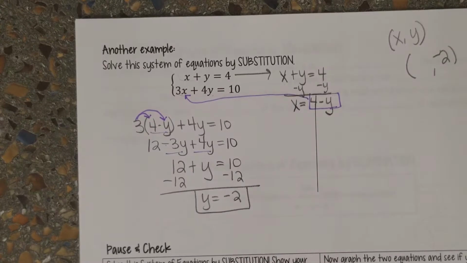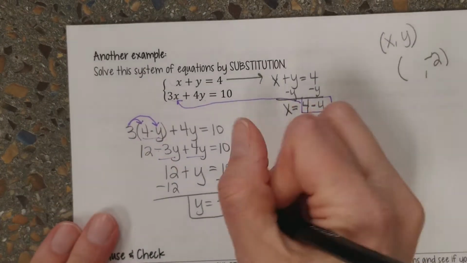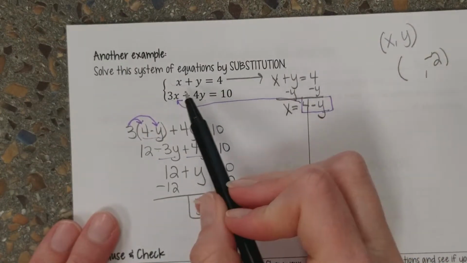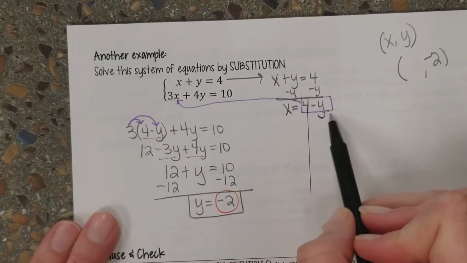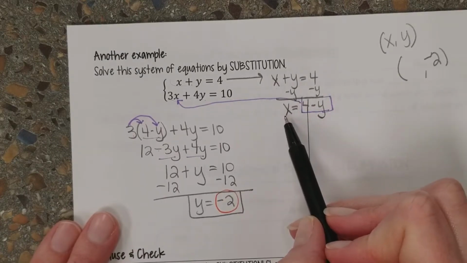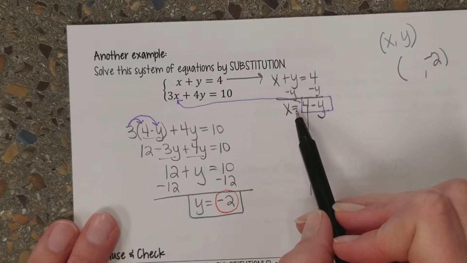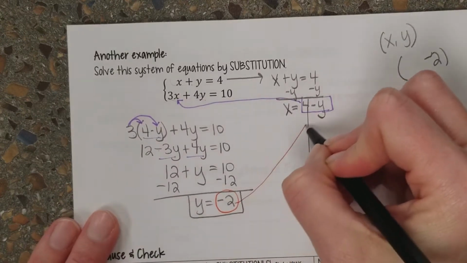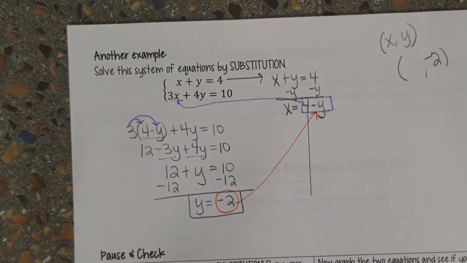All right, so now that we have y, we're going to take what y equals, and we're going to substitute it into any of these equations for y. You can use this one, or even this one that you kind of manipulated over here. Now this one's already in the form of x equals, and x is what I'm trying to find. So I'm just going to take this and I'm going to substitute it right in there for y.